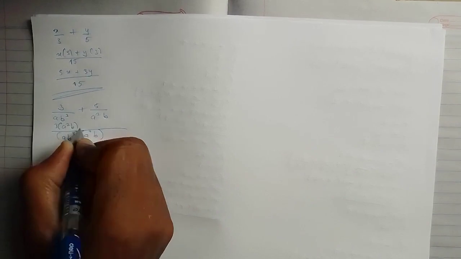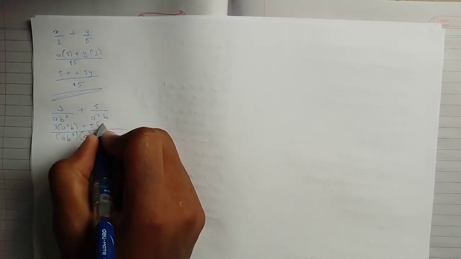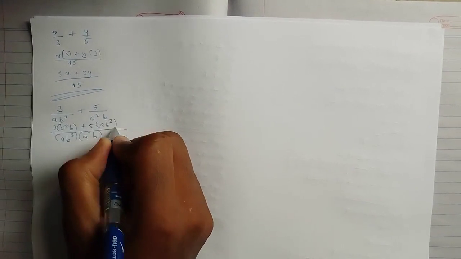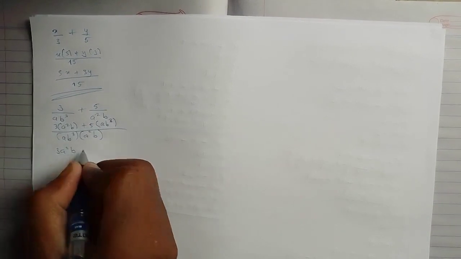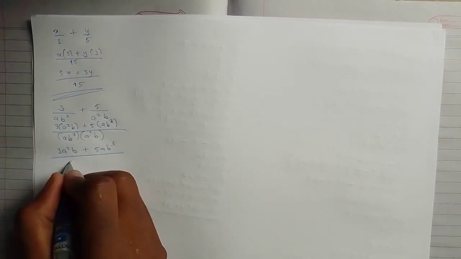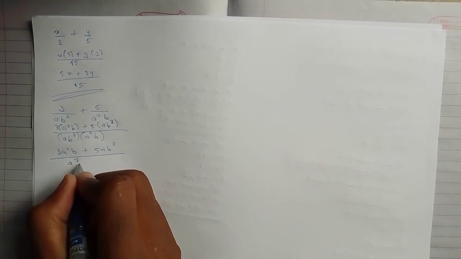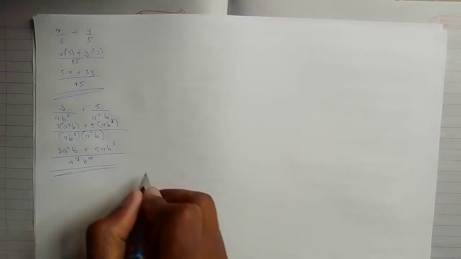Then we're getting this 3, and this is automatically multiplying this on top, b plus 5, and this is automatically multiplying ab to the power 3. Then when we multiply this, we have 3a squared b plus 5ab to the power 3 divided by this, multiplying this will give us a to the power 3, and this multiplying this will give us b to the power 4, and that's us expressing this as a single fraction.